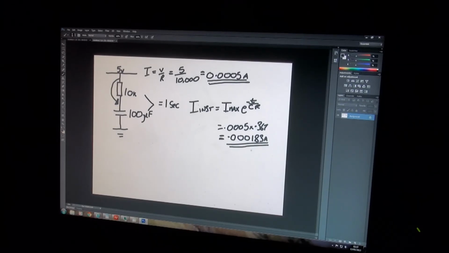Now, here's the thing. You can do the same thing for e to the minus 2, minus 3, minus 4, minus 5. If you find the percentage of maximum current, you will find that the current after one time constant is about 36.3% of its maximum value.